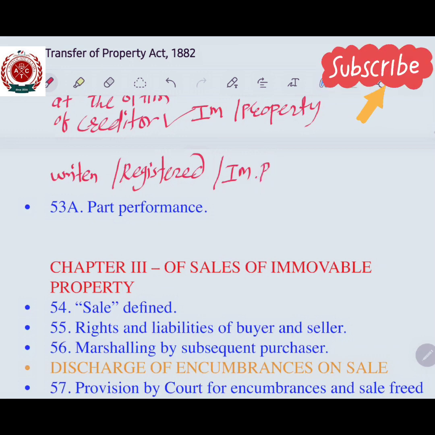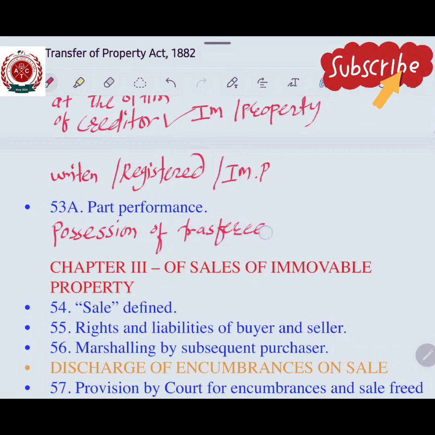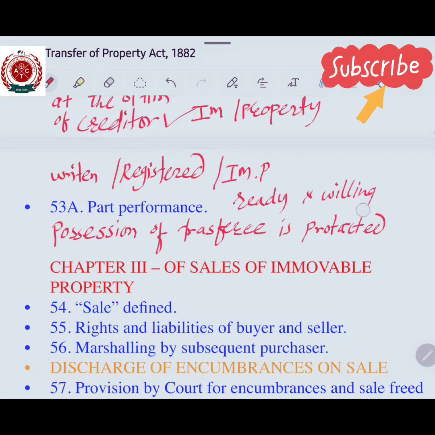The possession of the transferee is protected. Ready and willing to pay is an important term for this section. Ready and willingness, and it is based on equity.